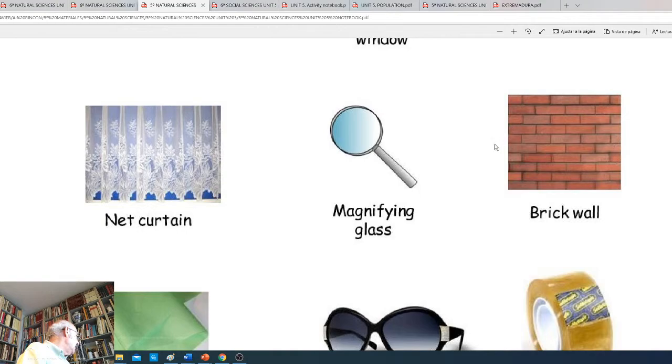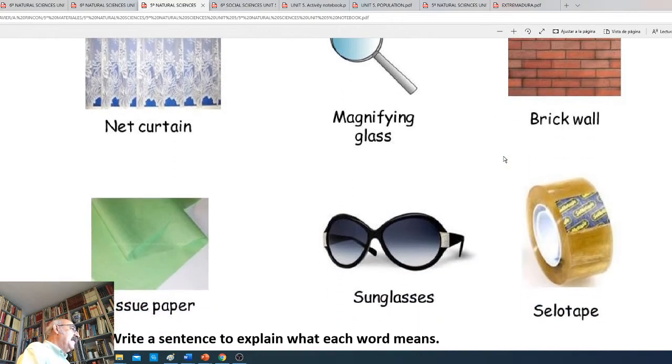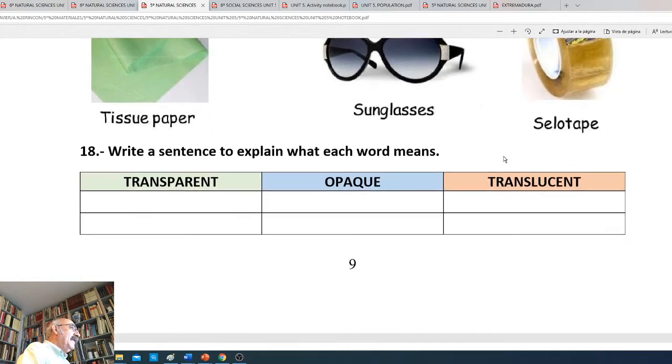What do you think? Julia, butter paper is the paper we have wrapping our butter. Es el papel que envuelve la mantequilla. Okay? Opaque. Very good. And then finally, we have the exercise number 18.